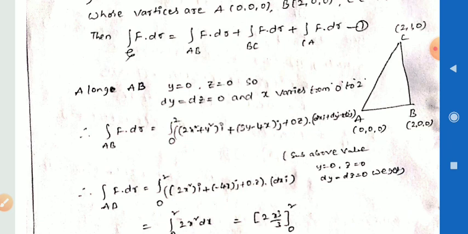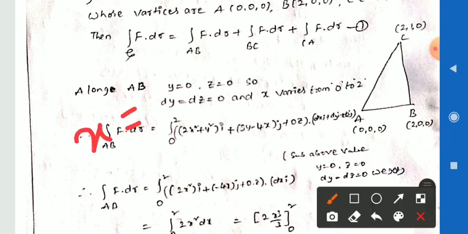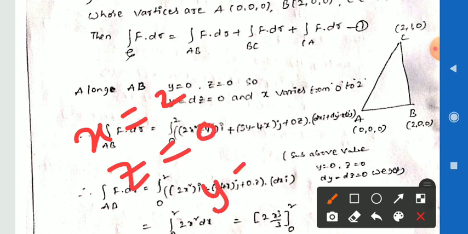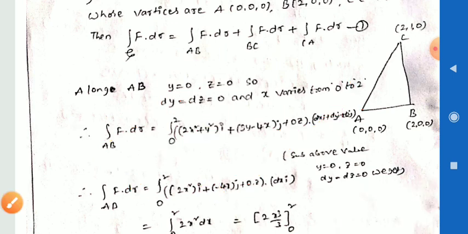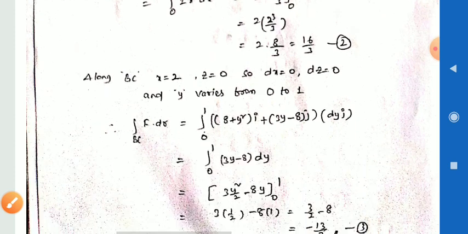The y coordinate in B is 0, and in C it is 1. The z coordinate in B is 0, and in C it is 0. Therefore I am fixing x is equal to 2 and z is equal to 0, and y varies from 0 to 1 in the BC line integral.